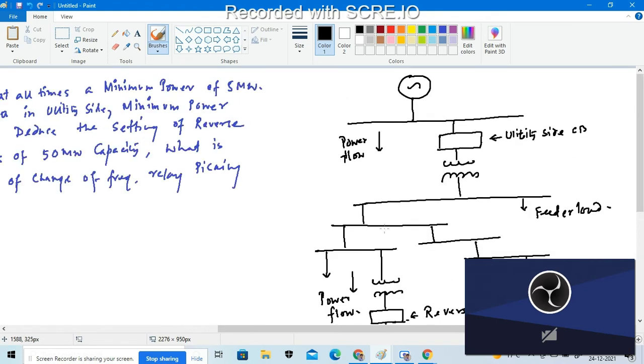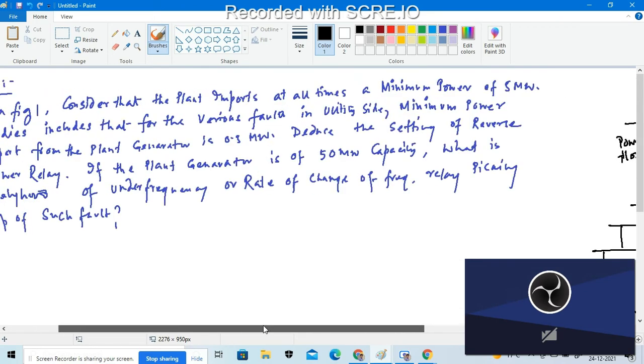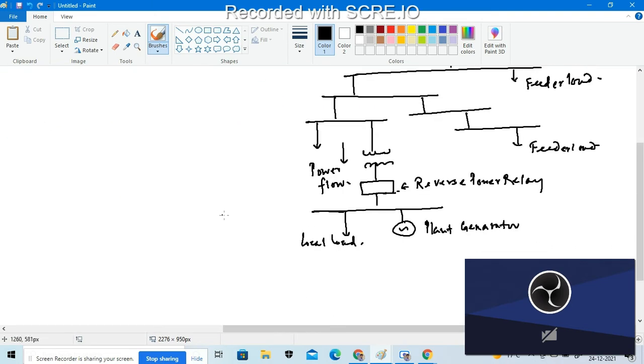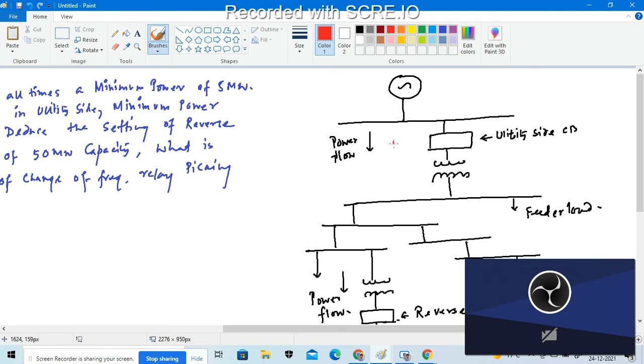Okay, then the question is, if the plant generator has a capacity of 50 megawatt, and the minimum power flow from this side to this side, to the plant generating side, should be 5 megawatt, and from this side to this side, the minimum power flow will be 0.5 megawatt.